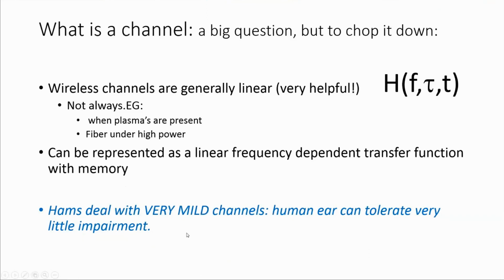A human listening to the radio can tolerate a very, very small amount of impairment, not too much. And anytime we have QSB or detuned single sideband or something like that, that's still very mild. So the point here is that a modern modem on like a Wi-Fi channel can correct very, very bad channel conditions and still achieve low error rates.